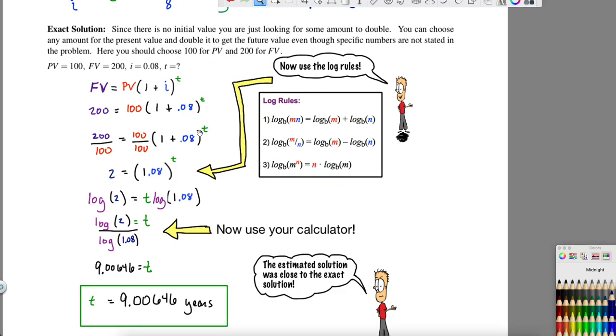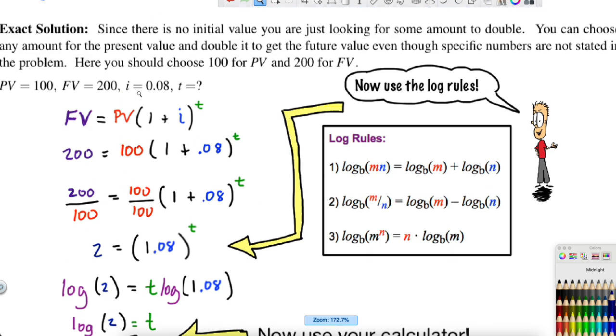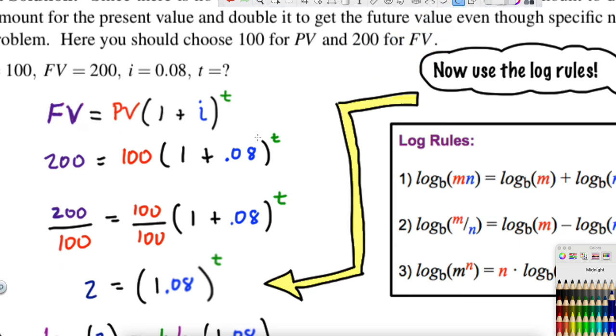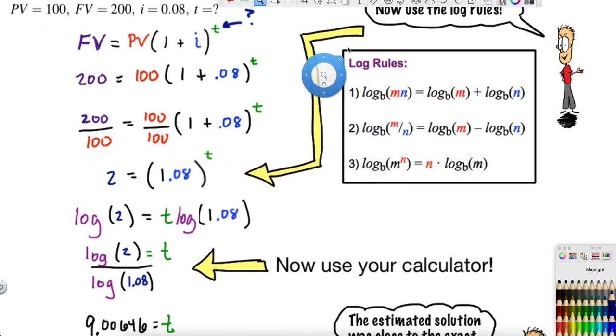So we have 200 and 100. You can see I've substituted everything in from the problem, and we are solving for t. So what is t? I can divide both sides by 100, and I get 2 on the left, and 1.08 to the t power, because 1 plus 0.08 is 1.08.